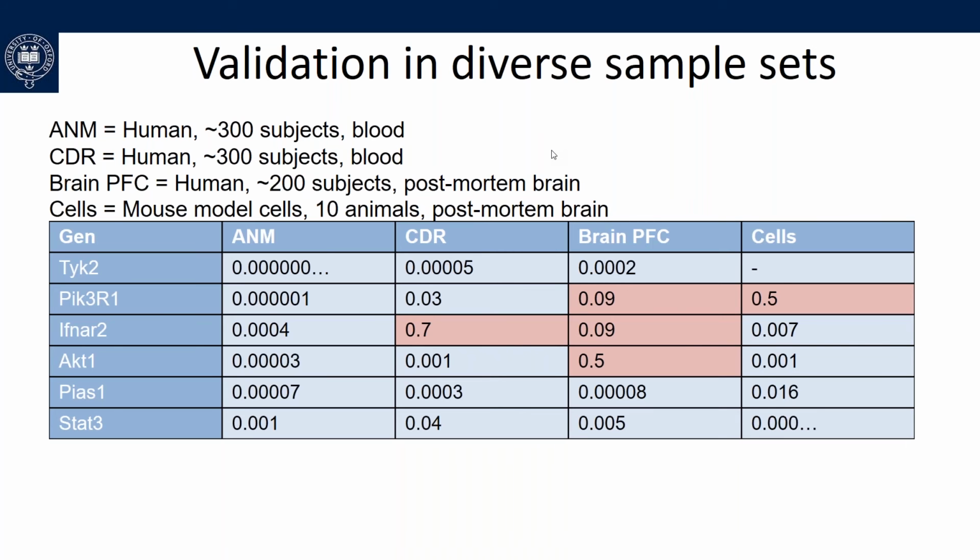Then you're looking at a post-mortem brain expression study, and then at an in vitro model of Alzheimer's disease. The results are not all exactly the same, but you can see a pretty strong association with these genes. These are genes that are part of the JAK-STAT signaling pathway in Alzheimer's disease.